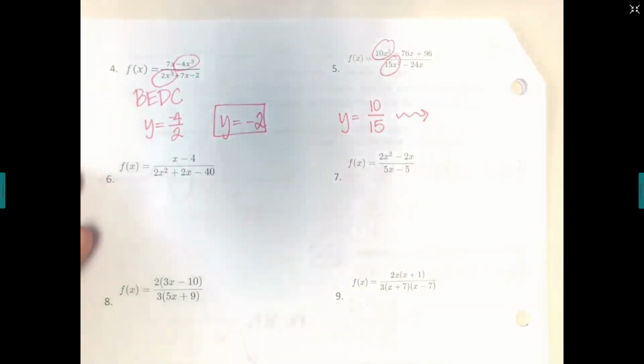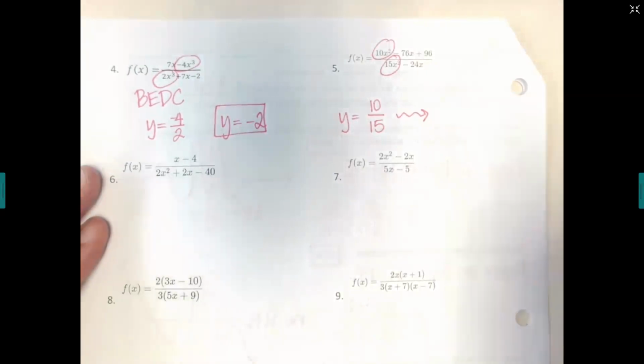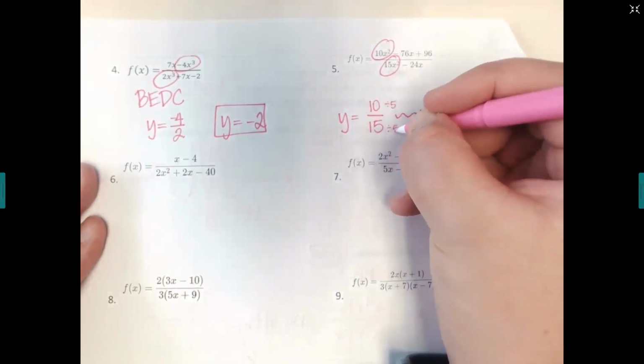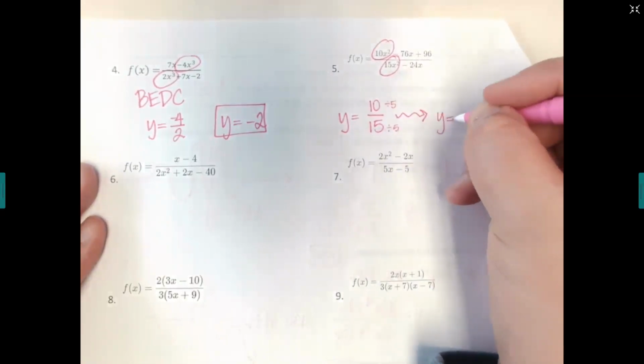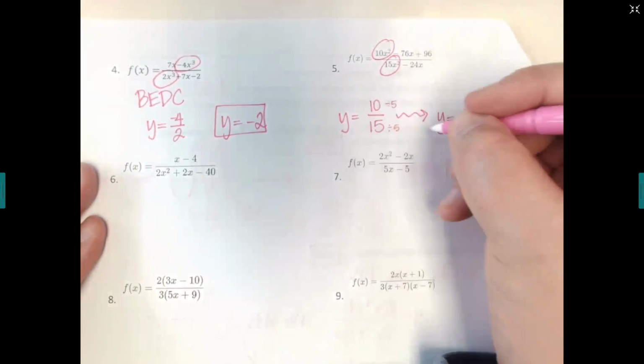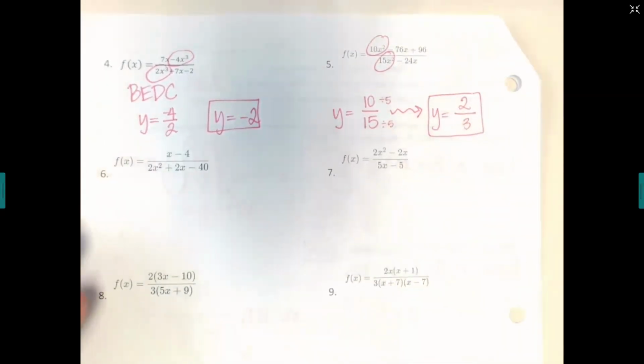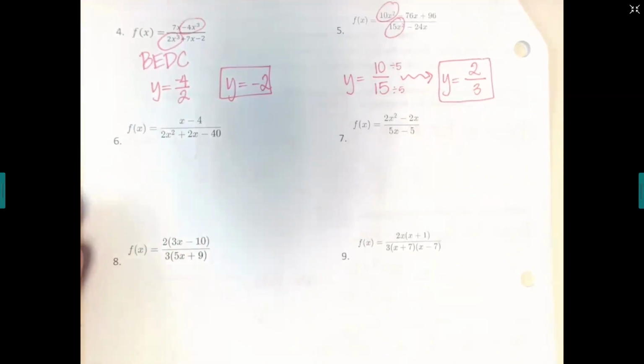Yeah, it's not simplified. So what can both of those divide by? So I'm going to divide by 5 on top, divide by 5 on bottom. So 10 divided by 5 is a 2, 15 divided by 5 is a 3. If you want me to show you how to reduce that in the calculator, I can, but hopefully we can do it without. Number 6, BOBO, BOTN, or BEDC?